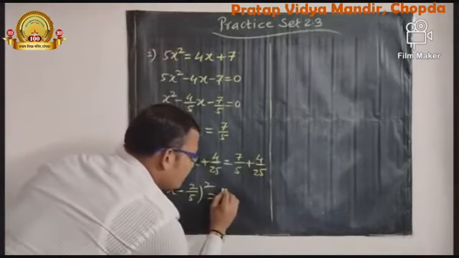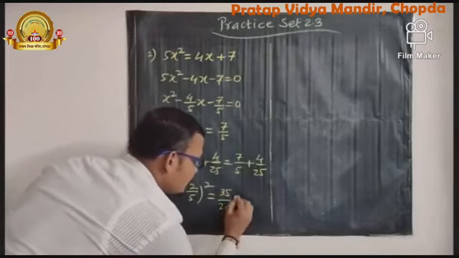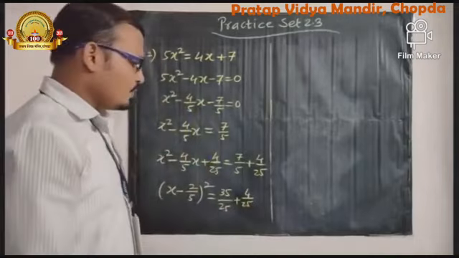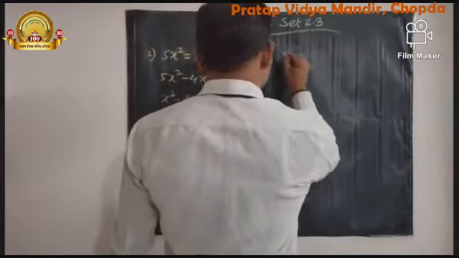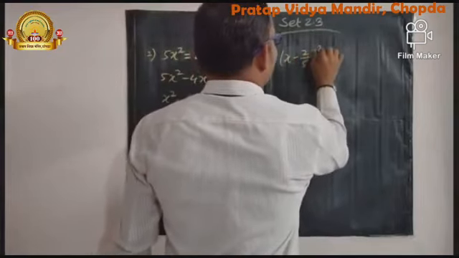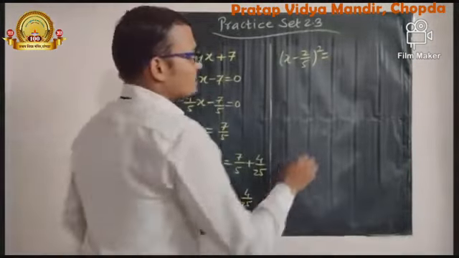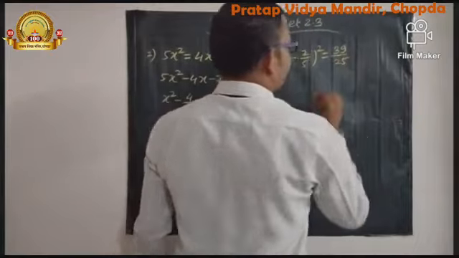So 7 fives are 35/25 plus 4/25. Now add these RHS terms.